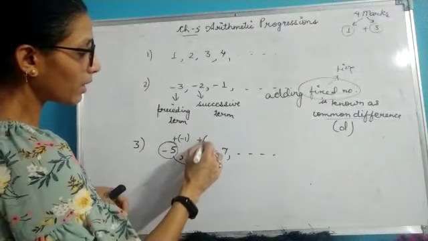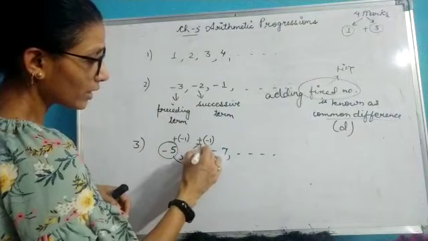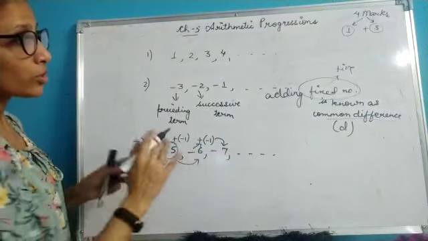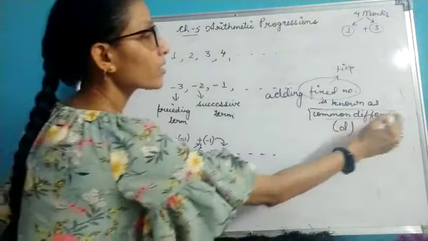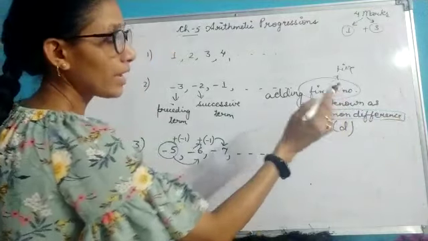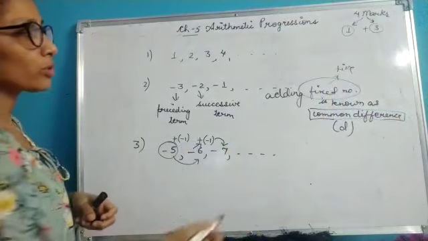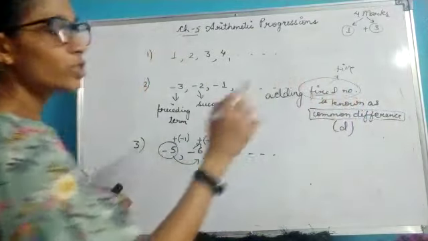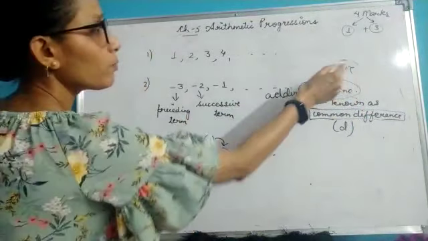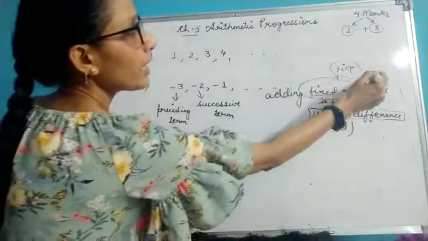If I add -1 to this, then I will be getting my next term. So here I can say that the common difference can be negative, positive, and it can be 0 also.